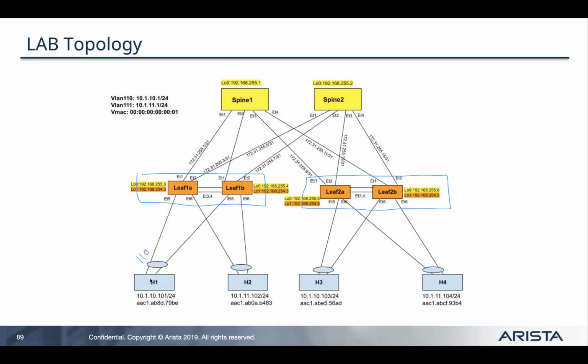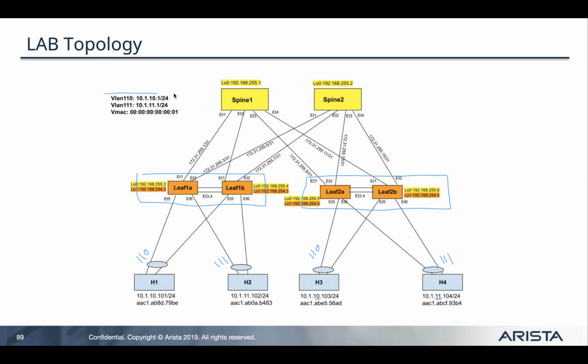H2 is part of VLAN 111. Similarly, H3 is in 110, and subnet 11 is 111, H4. So two VLANs, VLAN 110 and 111, H1 and H3 in 110, and the other two are in 111.